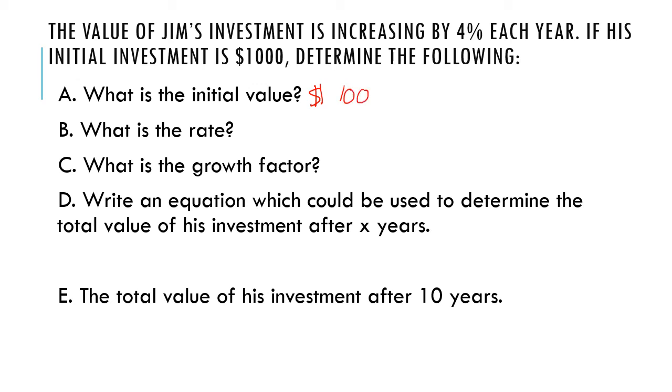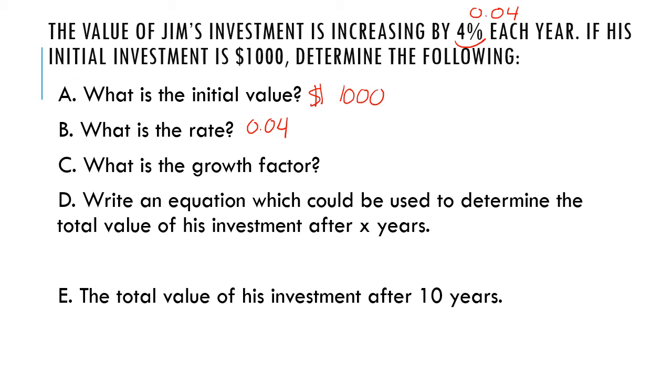What is the rate? We said that rates can also be represented by percent. So when we have 4%, that means we have 4 divided by 100 as a rate, which is 0.04. So the rate in this case, represented as a percent, is 0.04.